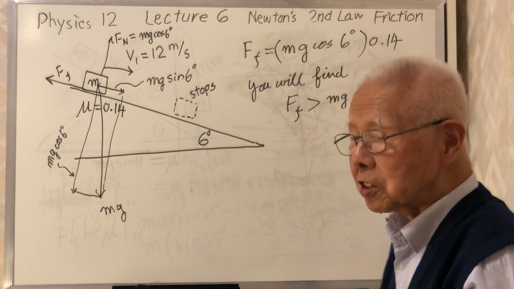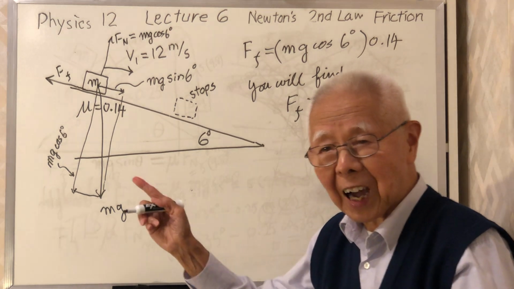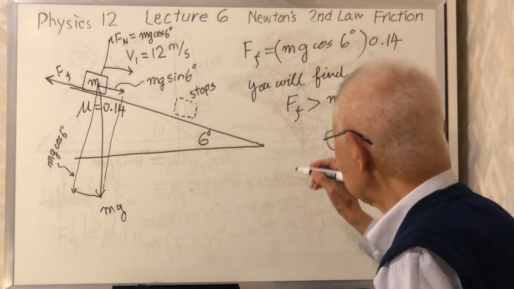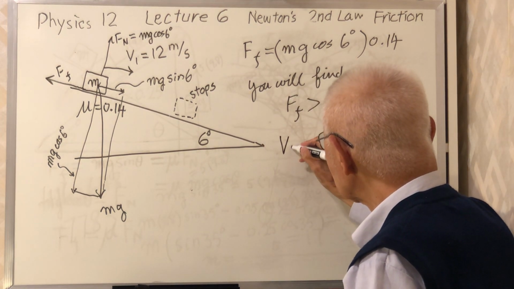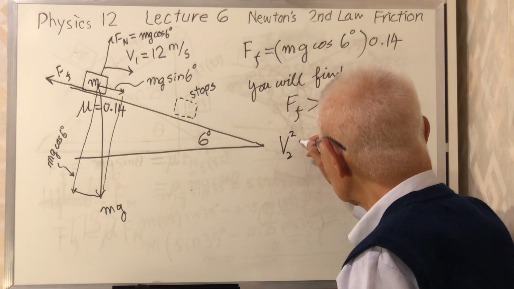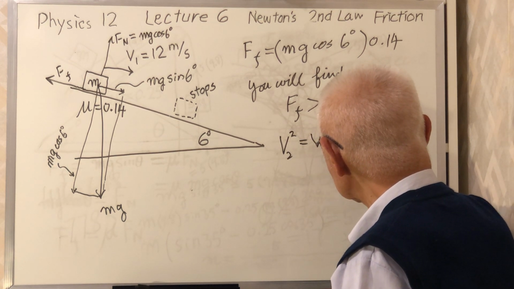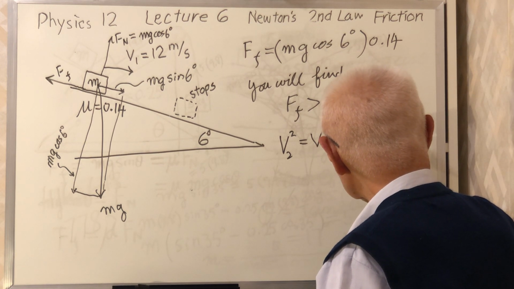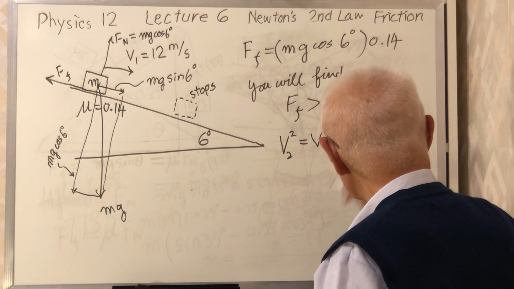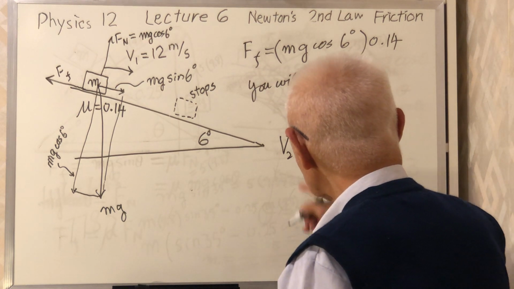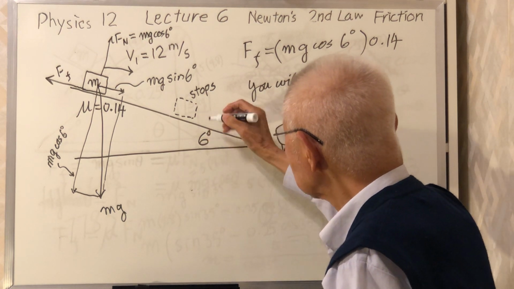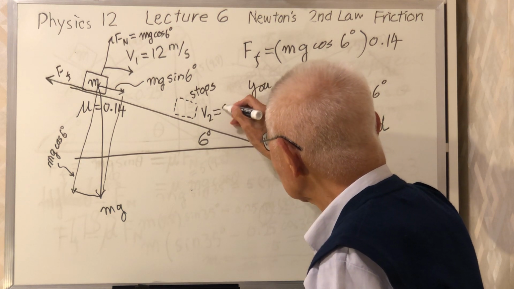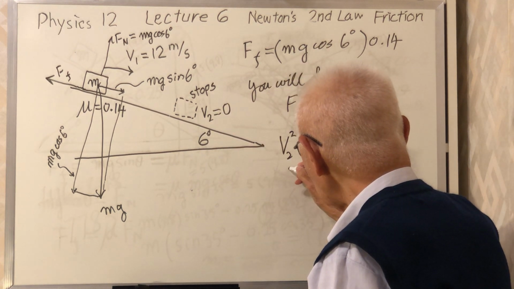To find the distance, because it slows down, we need this formula. V2 squared is equal to V1 squared plus 2 acceleration distance. V2 is this. V2 is 0 because it stops. So I have 0 here.